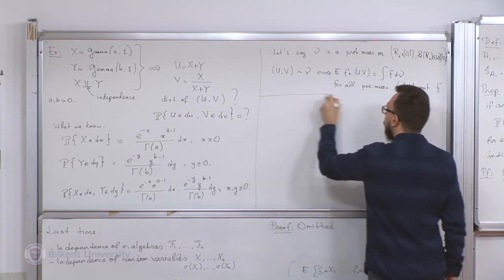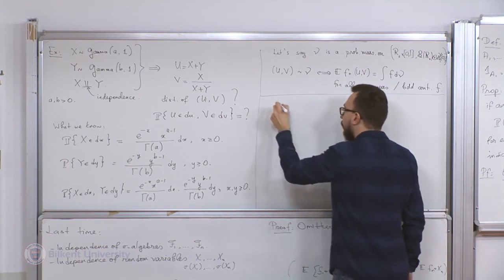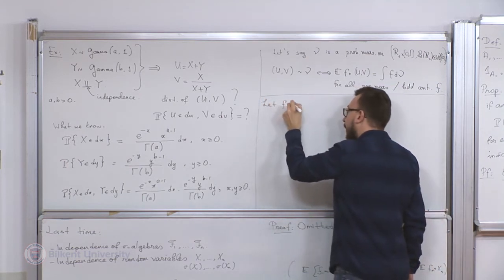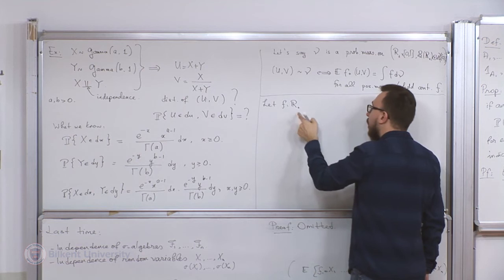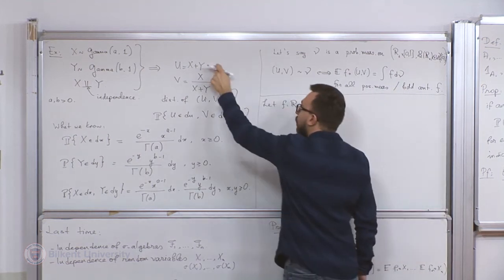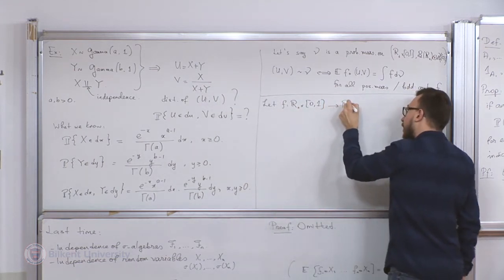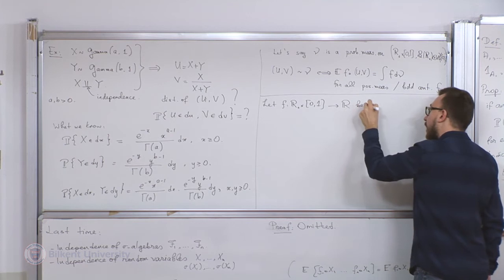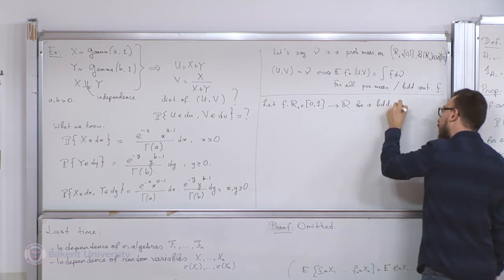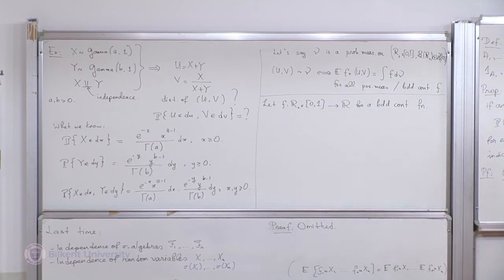We're going to follow this method, which is very nice. Okay? So let f be a function from R plus times 0, 1 to reals, a bounded continuous function so that it is Riemann integrable, etc. Okay?